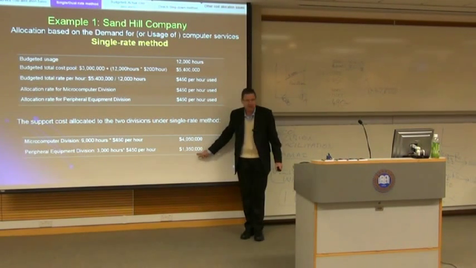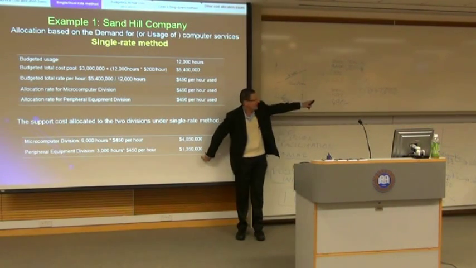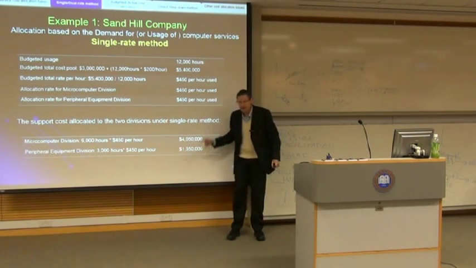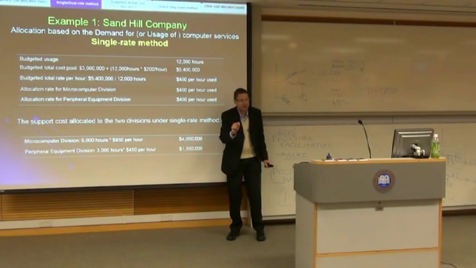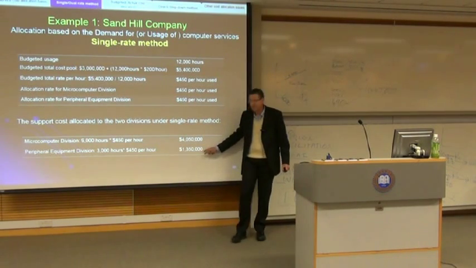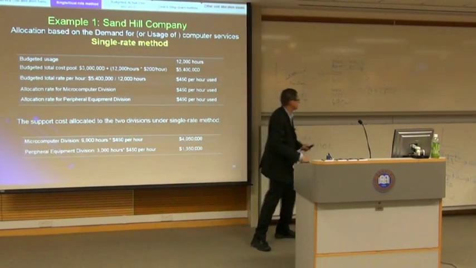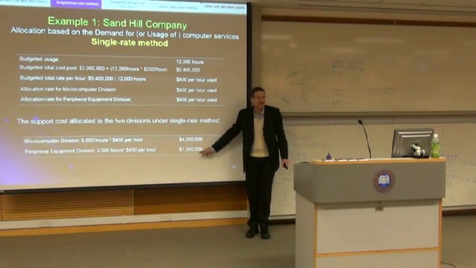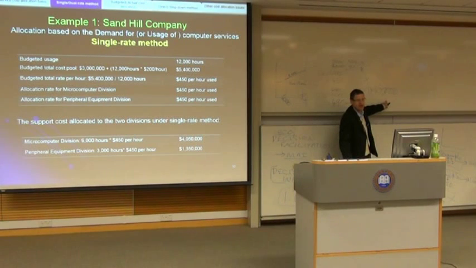Do you prefer this allocation or this allocation? Do you prefer to be charged 1.35 million or do you prefer to be charged 1.47 million? Hands up for this one. Hands up for this one. Good.